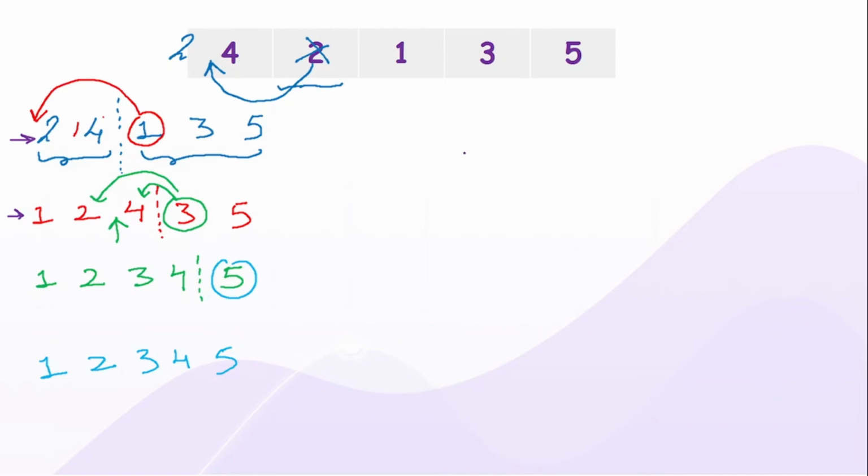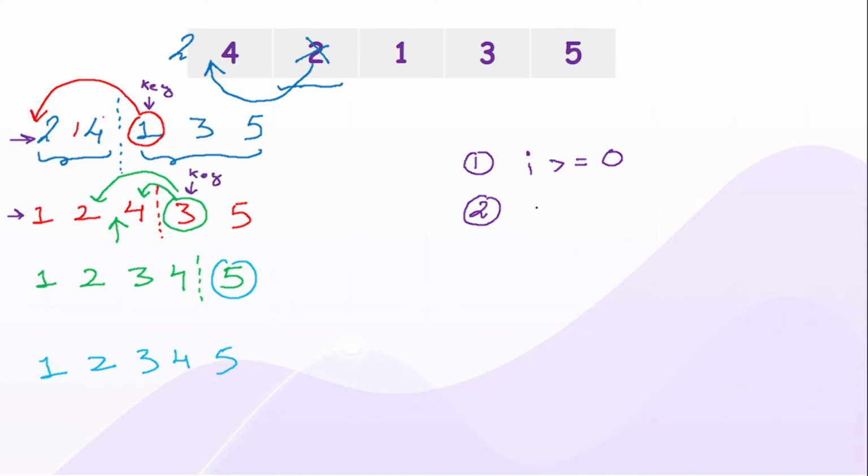So one thing that we need to notice, the condition to move left is either the index, I call it as i, is greater than or equal to 0 and the number that we are comparing, in this case I'll call 1 as key, in this case 3 will be the key.